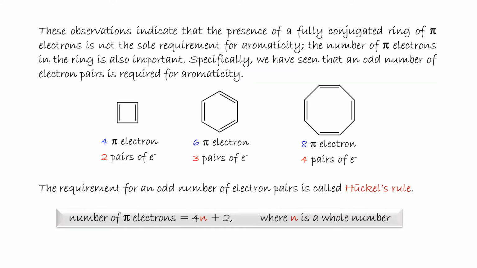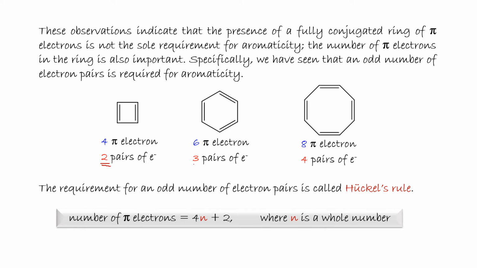These observations indicate that the presence of a fully conjugated ring of pi electrons is not the sole requirement for aromaticity. The number of pi electrons in the ring is also important. When we have even pairs of electrons, this species is not aromatic.